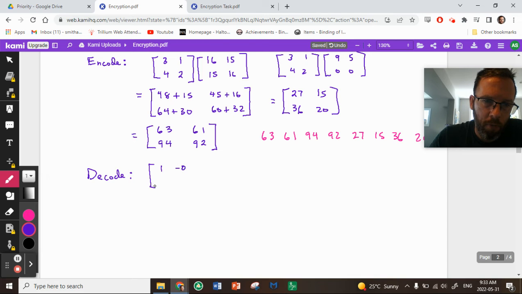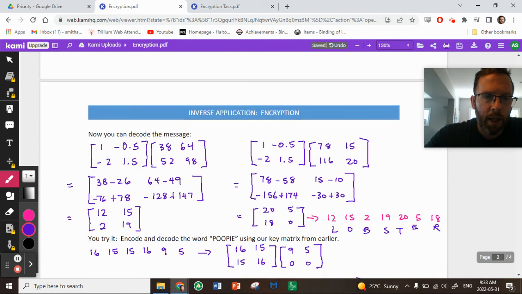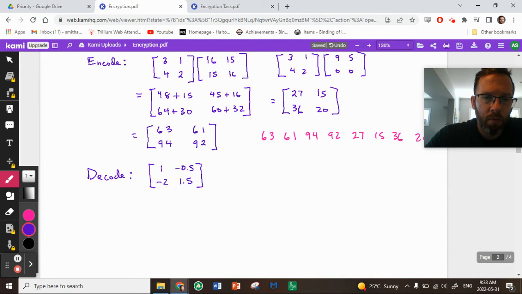And then negative 0.5, negative 2, and 1.5. But I am going to double check that. Yeah, 1, negative 0.5, negative 2, 5. Okay. And we need to multiply that by our encoded numbers. So 63, 61, 94, 92.